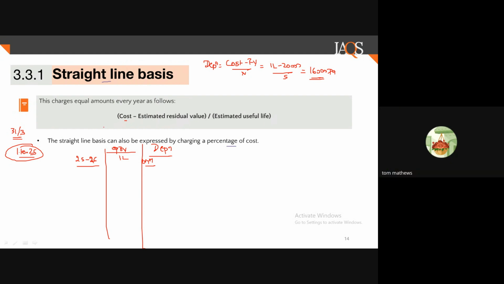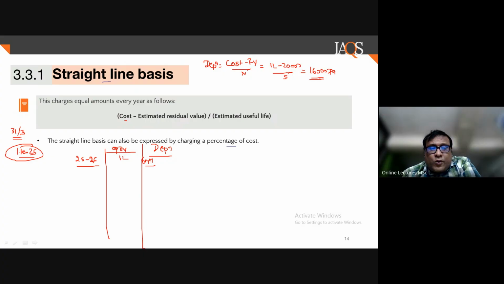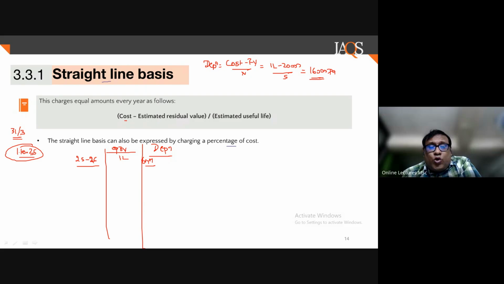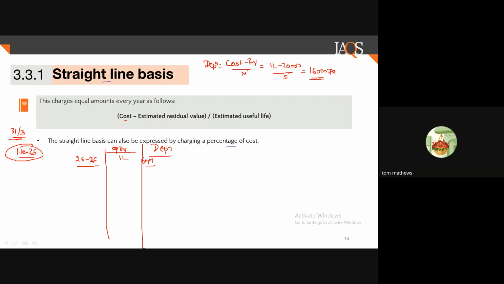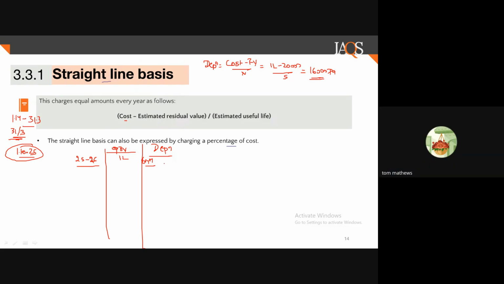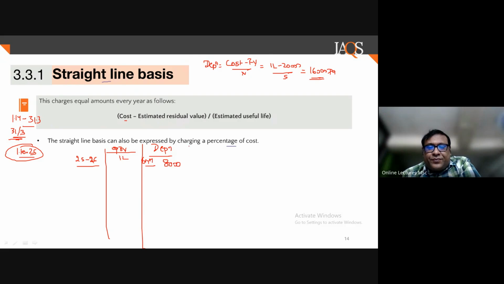From October to 31st March, so 6 months. So we'll be taking 8,000 in the year. The closing book value would become 92.